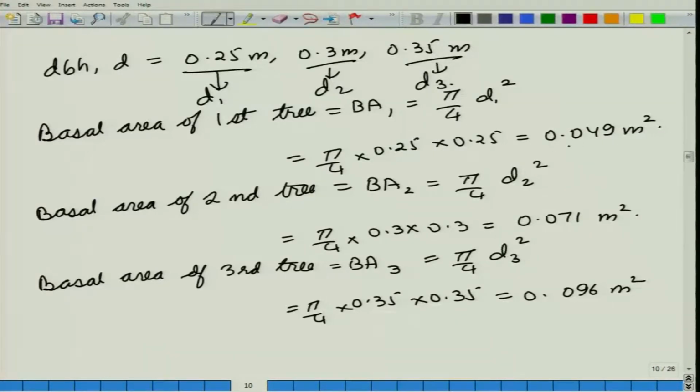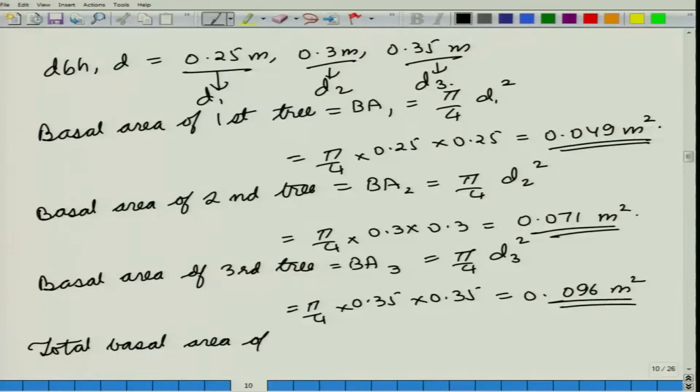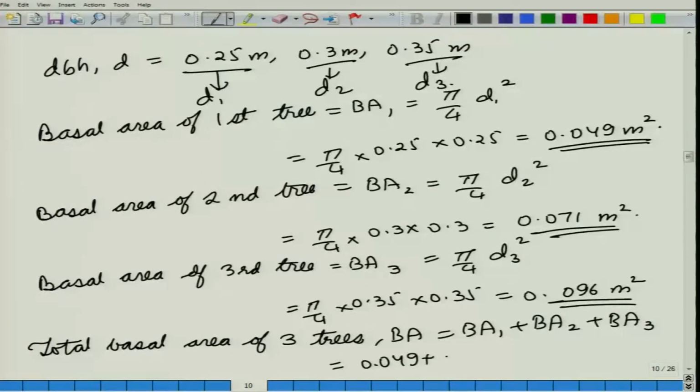Now as you can see, all these three basal areas are given in the units of square meters. Now the total basal area of three trees, or let us call it BA, will be BA1 plus BA2 plus BA3, which is equal to 0.049 plus 0.071 plus 0.096, which is equal to 0.216 square meters.